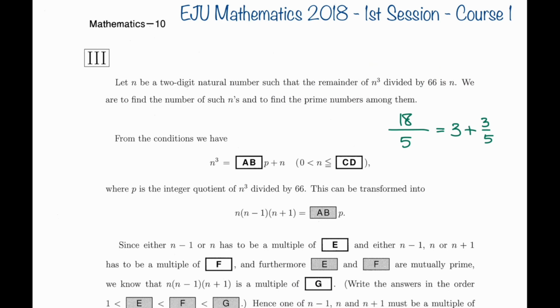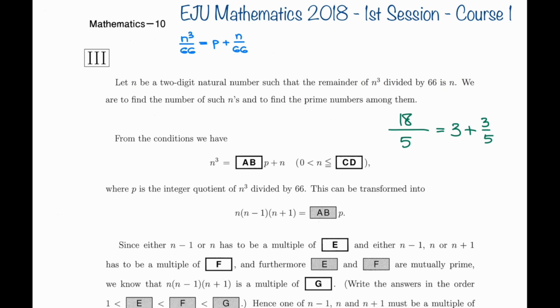By using the same concept, when I have n cubed and I divide it by 66, it is equal to the quotient. We do not know the quotient here, so I can assume the quotient is p, plus the remainder n over the divisor 66.